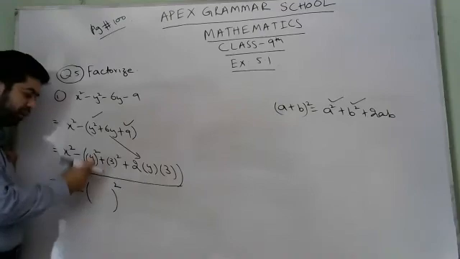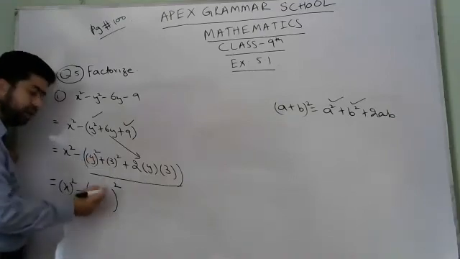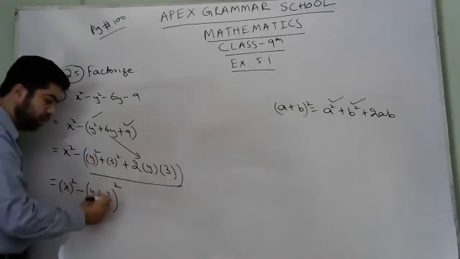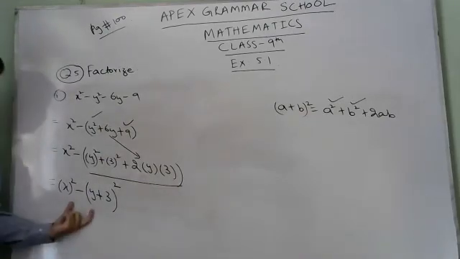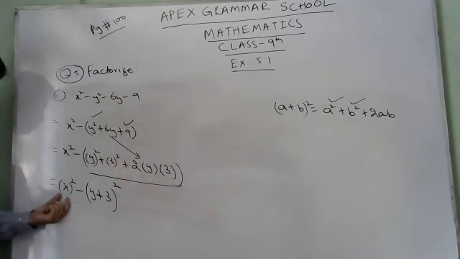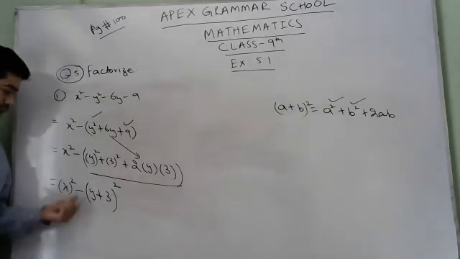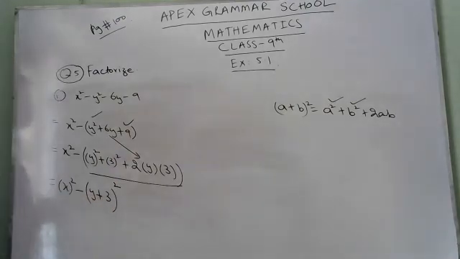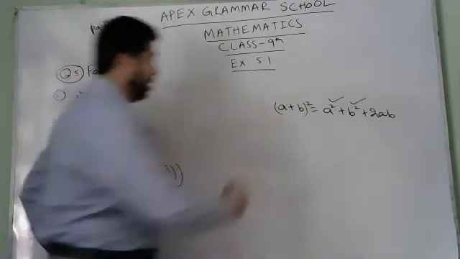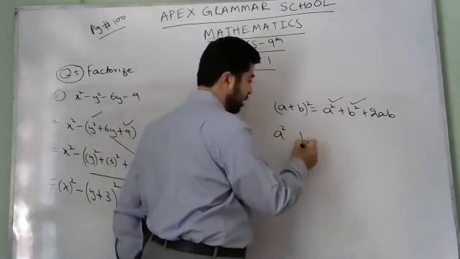The value of a is y, plus the value of b is 3. This is square. Now again, this is also a square and this is also a square. This is x square and this is y plus 3 whole square. Between these two squares, there is a negative sign. So think, what if between two squares there is a negative sign?